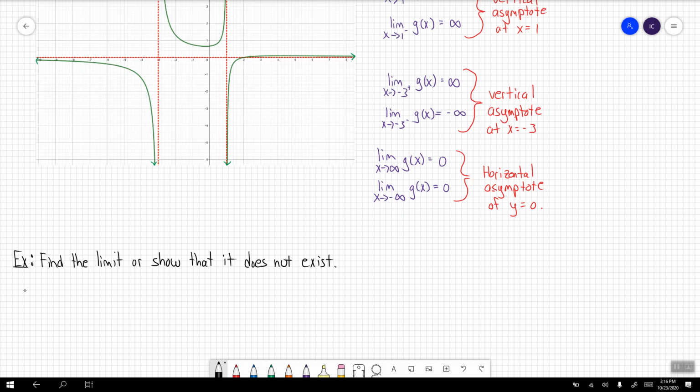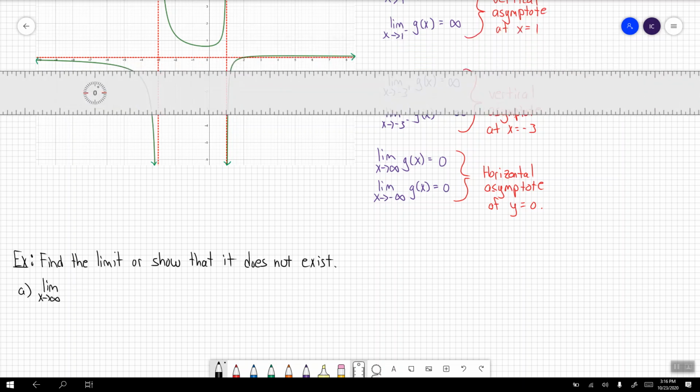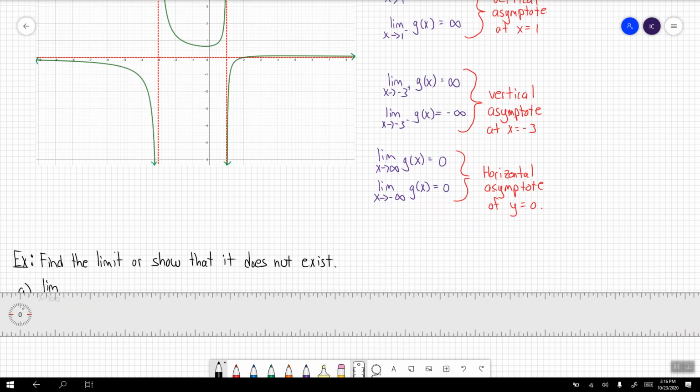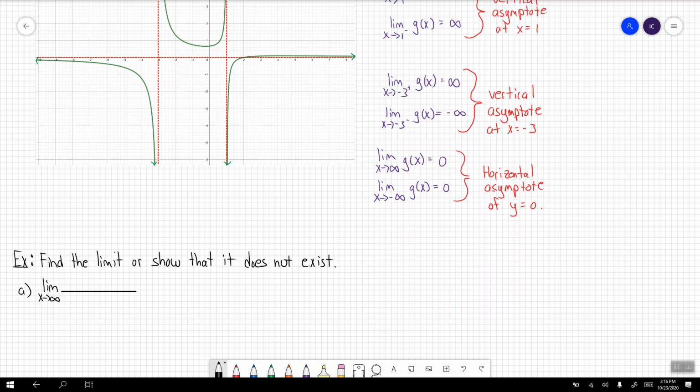So for part A, we're going to be looking at the limit as x is approaching infinity for the function square root of 4x squared plus 1, all divided by 2x minus 1.